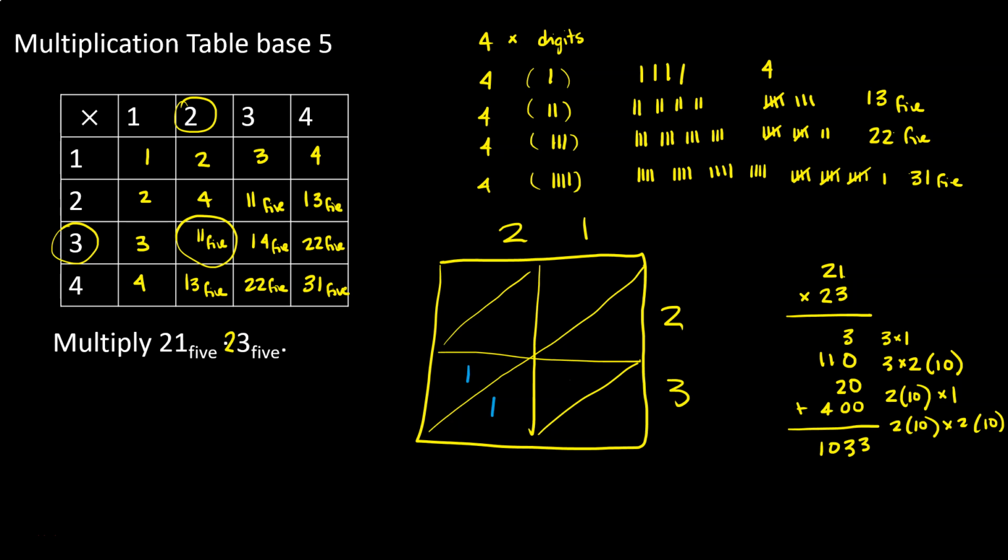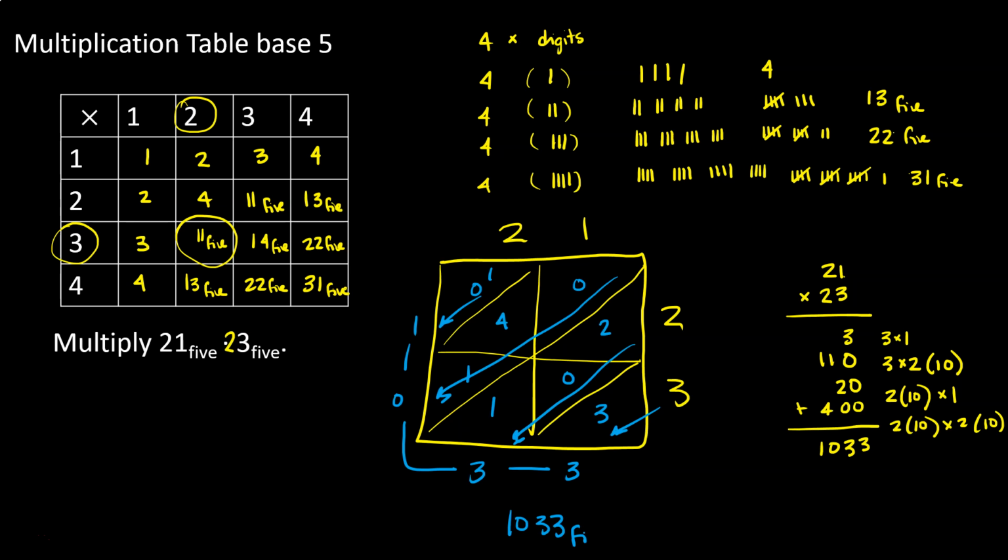I can do 1 times 2 next, which is 0 groups of 5, 2 singles. I can do 1 times 3 after that. And I can do 2 times 2 after that. Notice I did this all in whatever order I pleased. And then we can add down the diagonal. And we get 1, 0, 3, 3 as our answer, again in base 5.